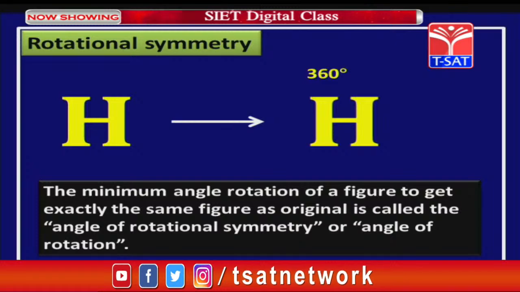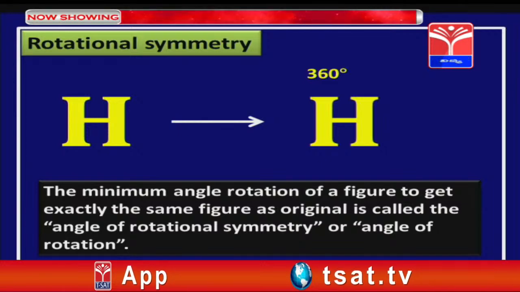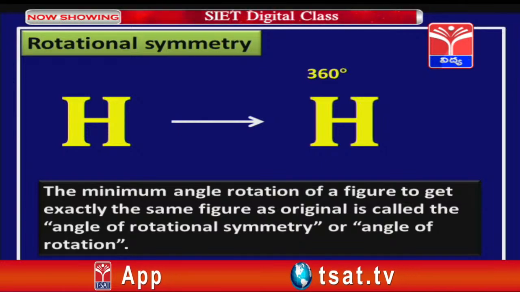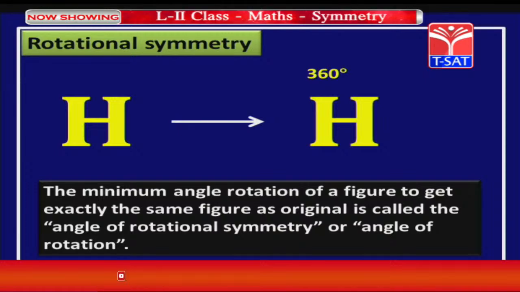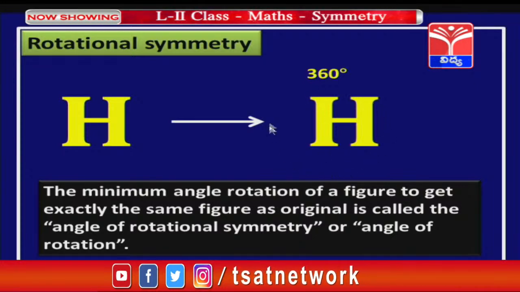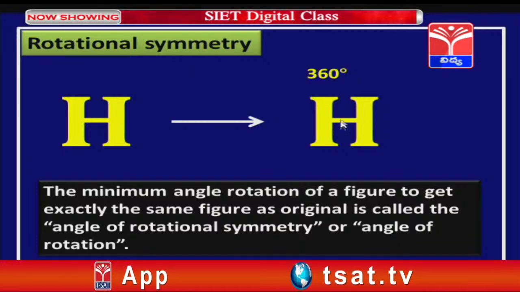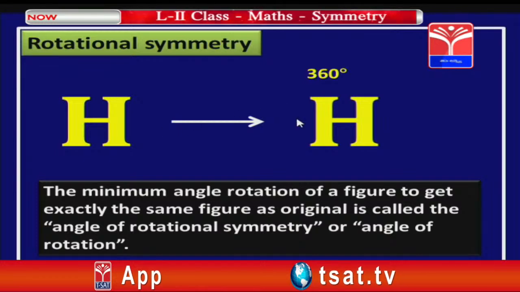So, the minimum angle of rotation of a figure to get exactly the same figure as the original is called the angle of rotational symmetry or simply angle of rotation. So, let us understand this statement children. When you rotated this exactly at 180 degrees, you got H, right children. Again from 181 to 360 degrees you have moved. Again at exactly 360 degrees you got back the same letter H, isn't it children.